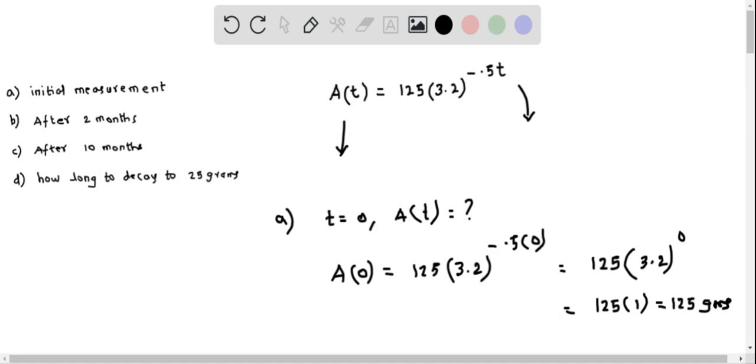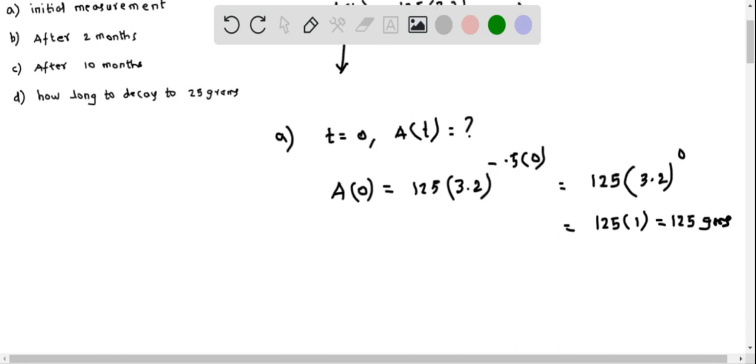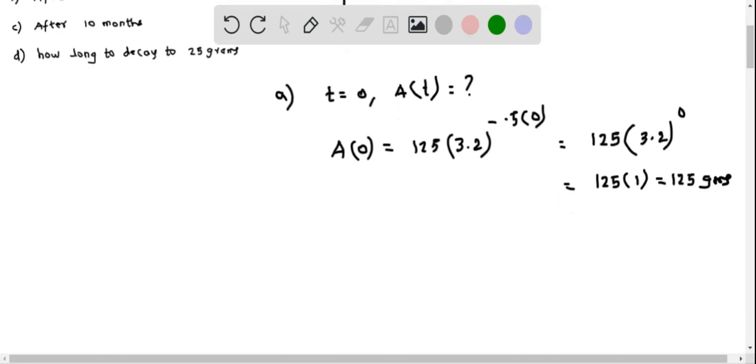We now answer part B, that is, we have to find the amount of radioactive material after 2 months. So for that, we have to plug in t equal to 2 into the function. So let's find A of 2.